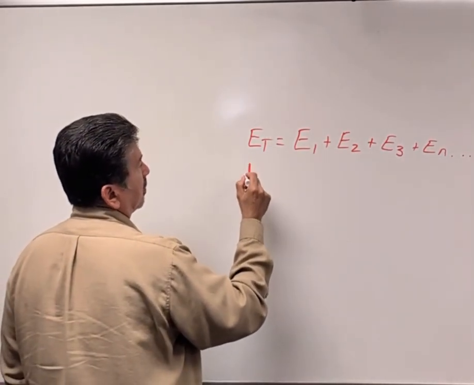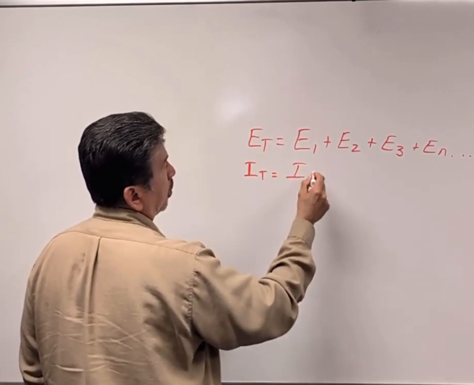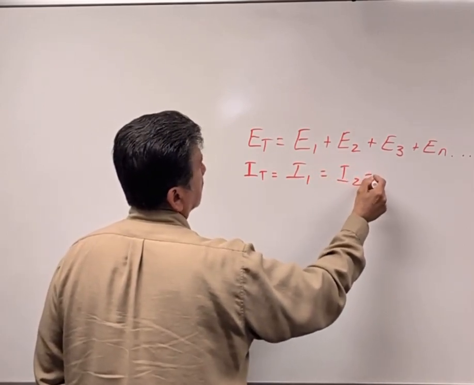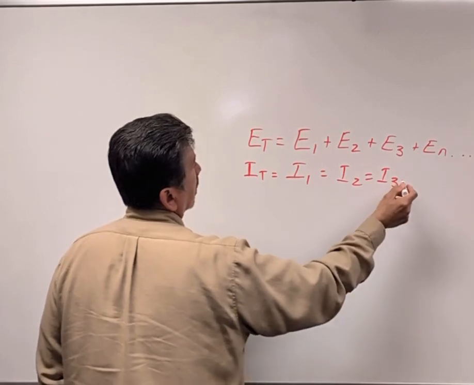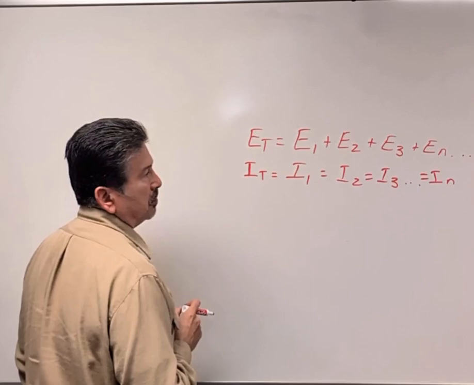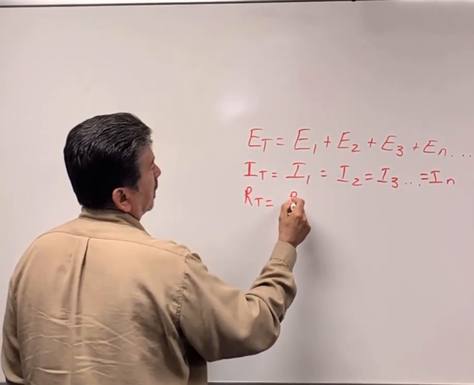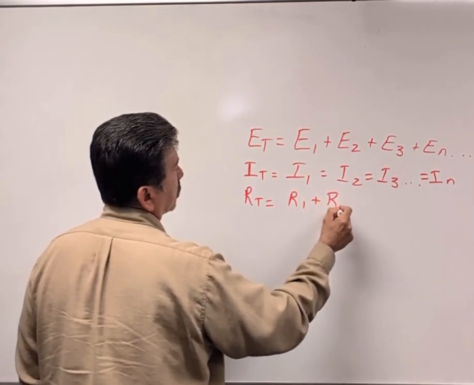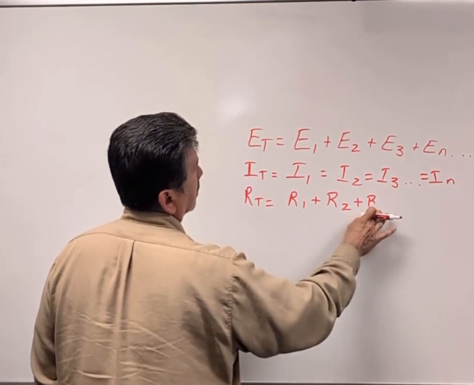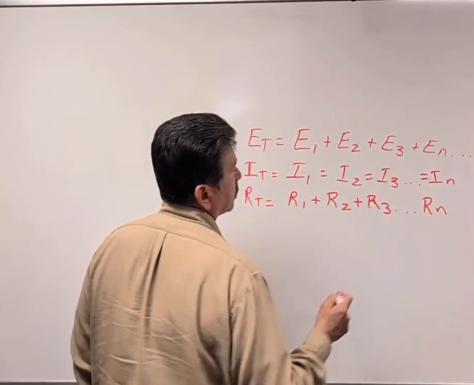I can say that the current total is the current at I1, is the current at I2, is the current at I3, and however many elements are in that circuit. The resistance is the sum of the resistors, R1, 2, and 3, plus however many number of resistors are in that circuit.